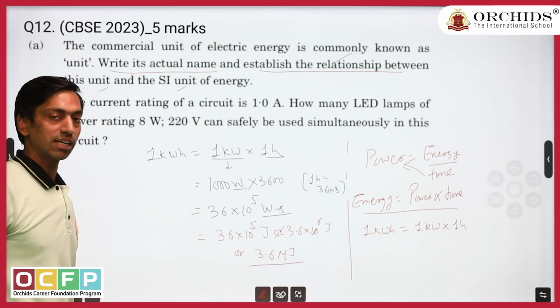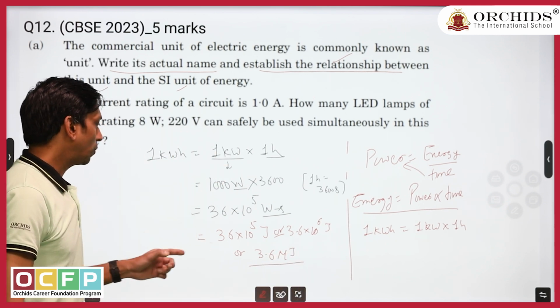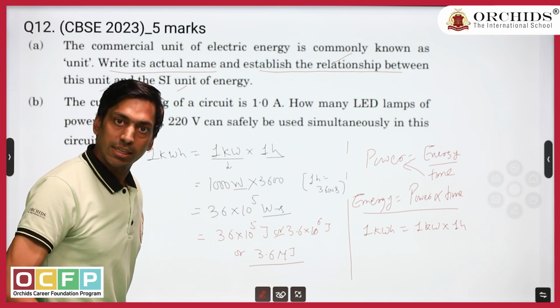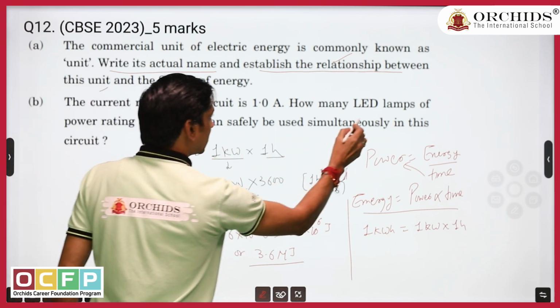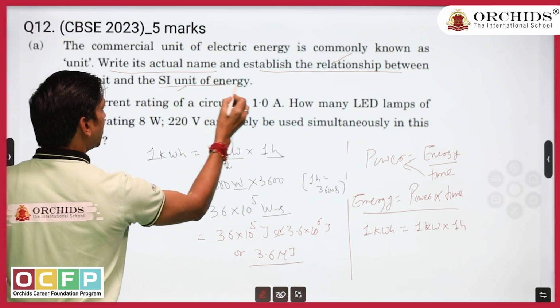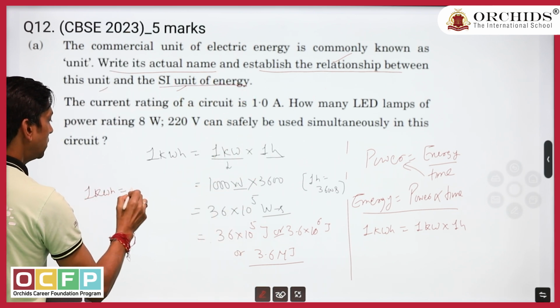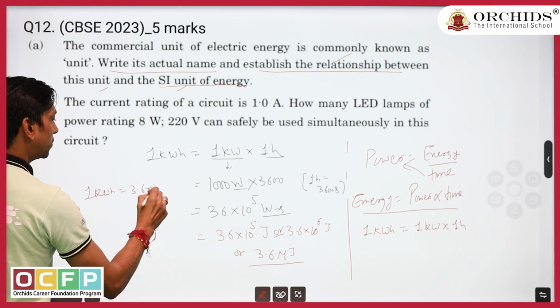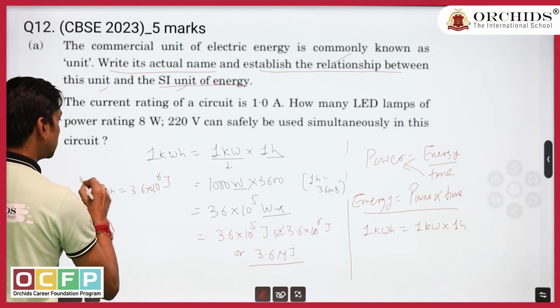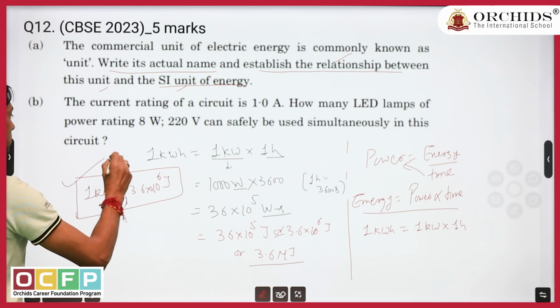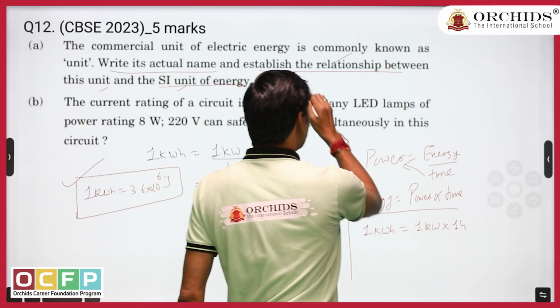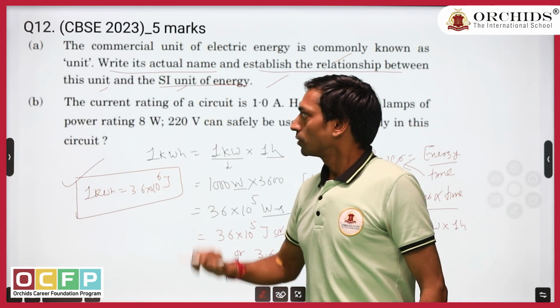All these are relationships between the kilowatt hour and other units of energy, but we are interested in the SI unit. So our answer is 1 kilowatt hour equals 3.6 into 10 to the power 6 joules, because the joule is the SI unit of energy. This is our final relation for this part of the question.